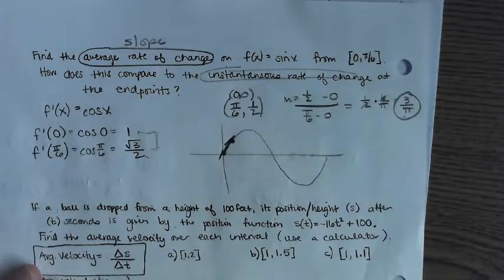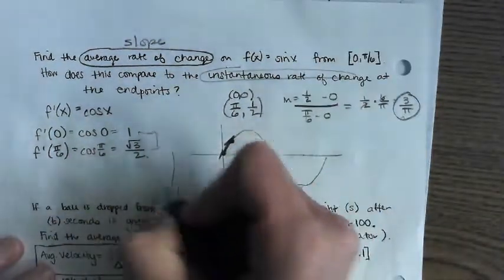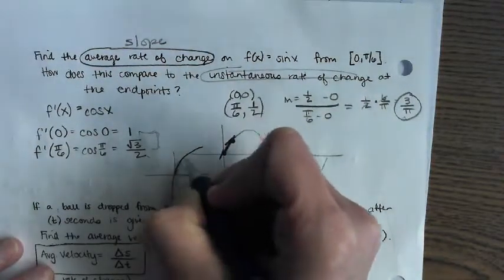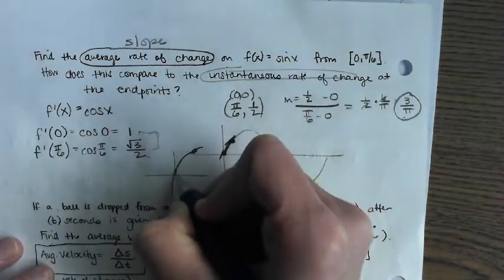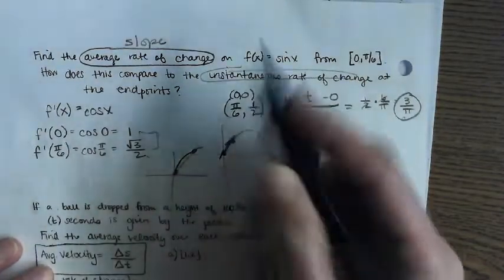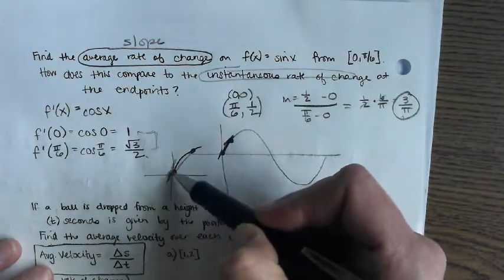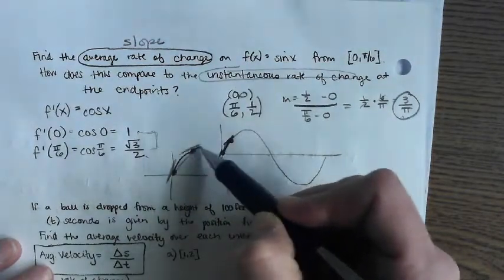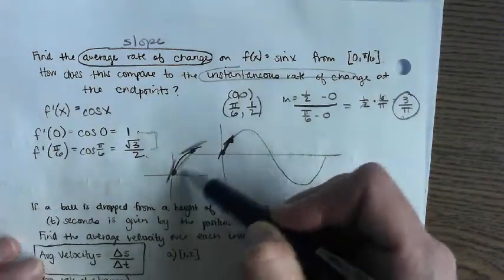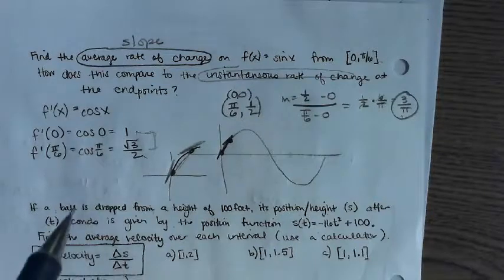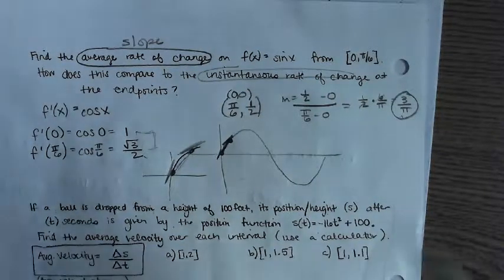What do you think? Right, it's just in between them, I think, is what they're getting at. So if I really accentuate what's happening from like here to here, there's your average rate of change. Your change instantly here is a little bit steeper, and your average rate of change here is a little bit less. So this is going to be somewhere in between them. Right, 3 over pi, 3 divided by 3.14 is 0.95.